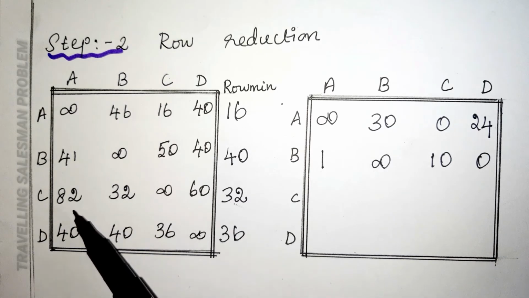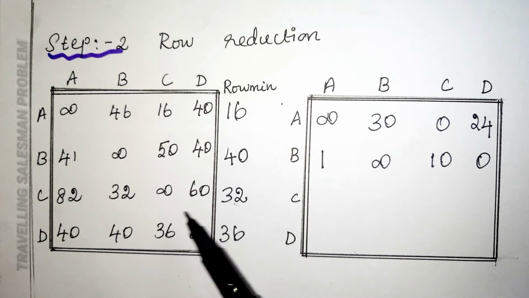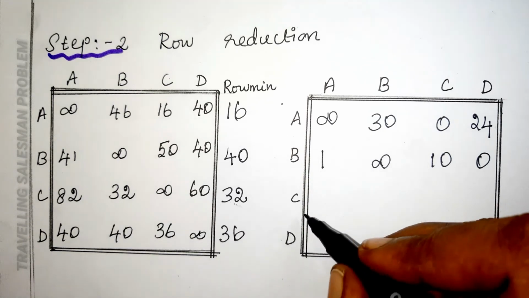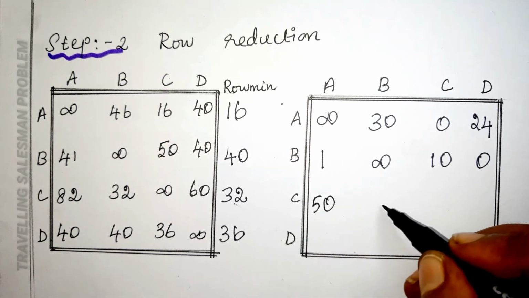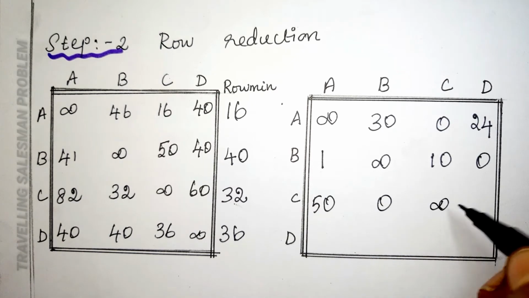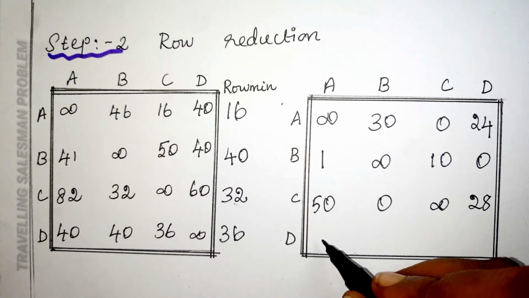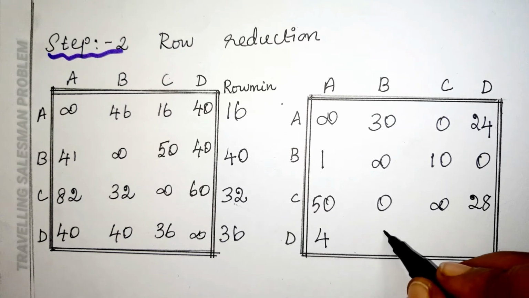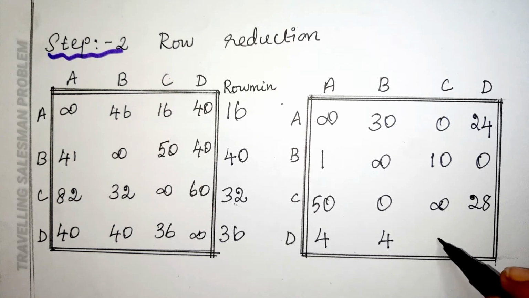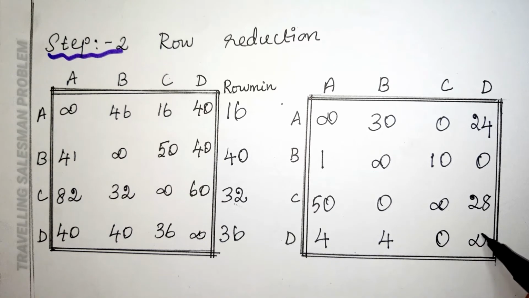Third row, 32 is the least number. So 82 minus 32 is 50, 32 minus 32 is 0, infinity, 60 minus 32 is 28. Fourth row, 36 is the least number. So 40 minus 36 is 4, 40 minus 36 is 4, 36 minus 36 is 0, and infinity.